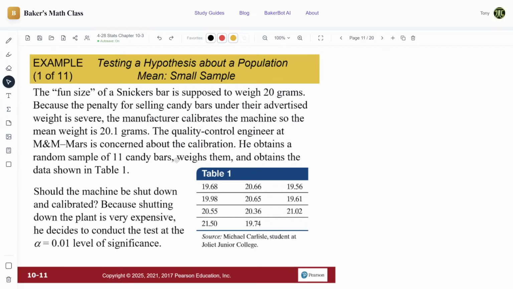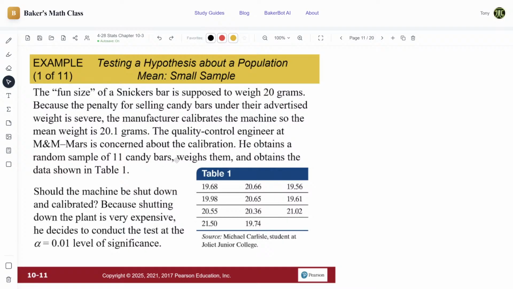The manufacturer calibrates the machine so the mean weight is 20.1 grams, and the Snickers bar is supposed to weigh 20 grams. They got a random sample of 11 candy bars. Should the machine be shut down and calibrated, because shutting down is very expensive? He decides to conduct the test at the 0.01 level of significance.